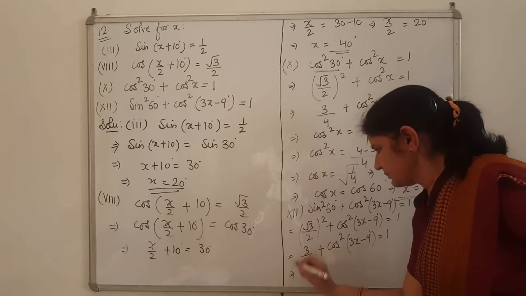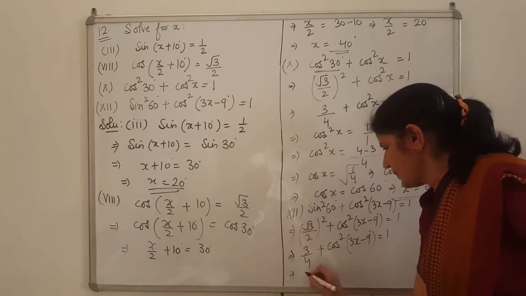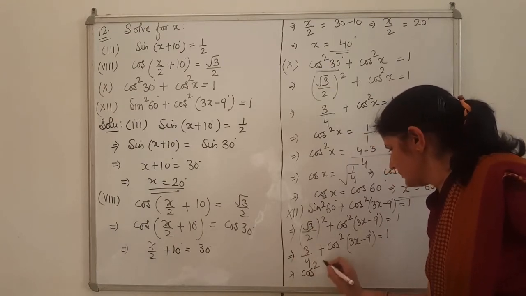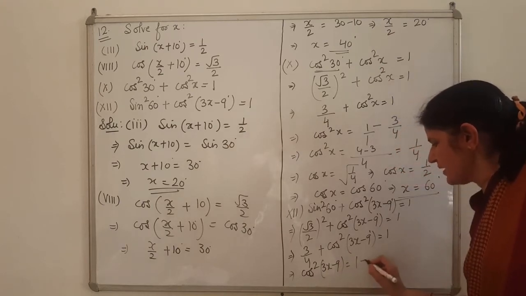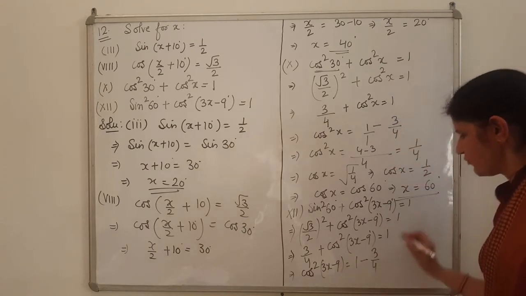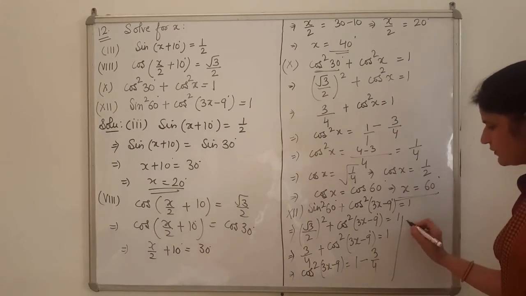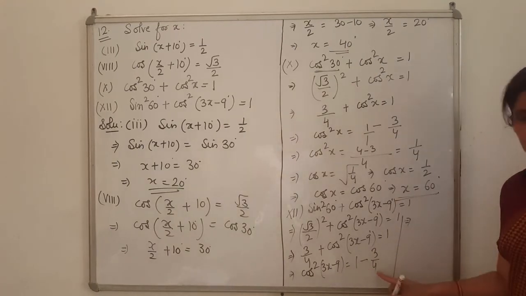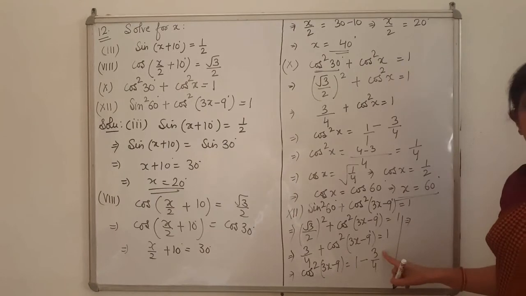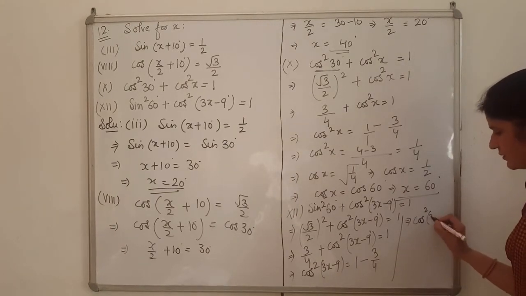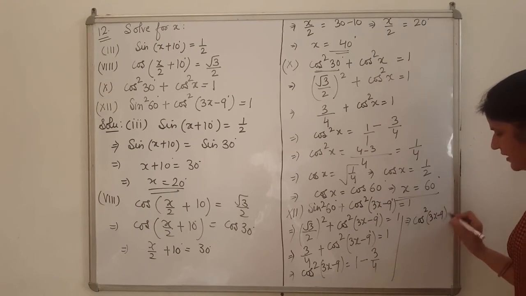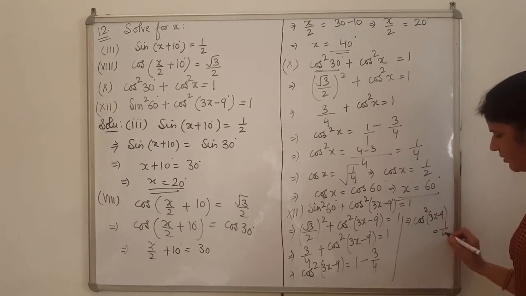So cos square (3x minus 9) equals 1 minus 3 upon 4. We solve it. We take LCM. 4 ones are 4 minus 3, 1 upon 4. So, cos square (3x minus 9) is equal to 1 upon 4.